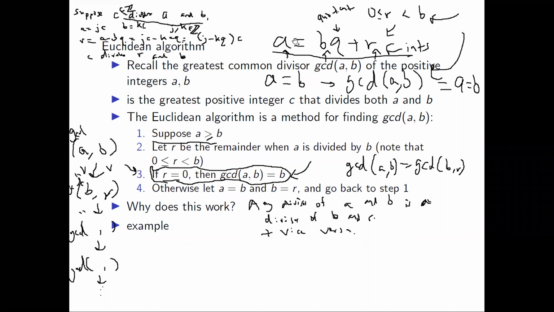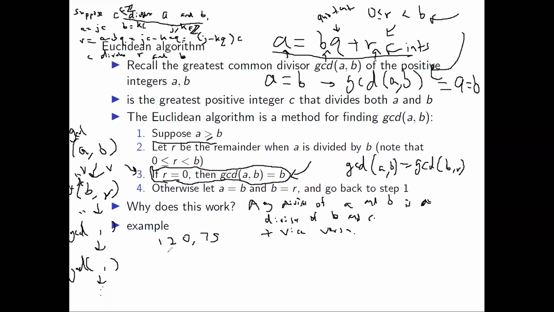And so it'll be good to look at a pretty small example. So we'll do one. So here's a nice small example. So let's look at 120 and 75, let's say. That'll be our A and B. So we take the remainder when you divide 120 by 75.